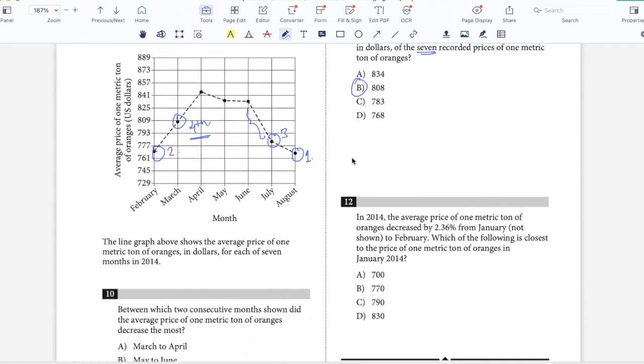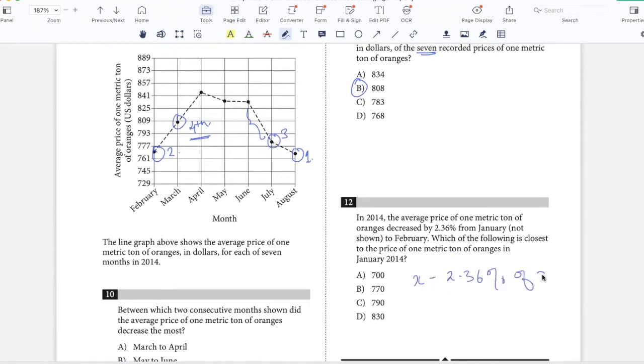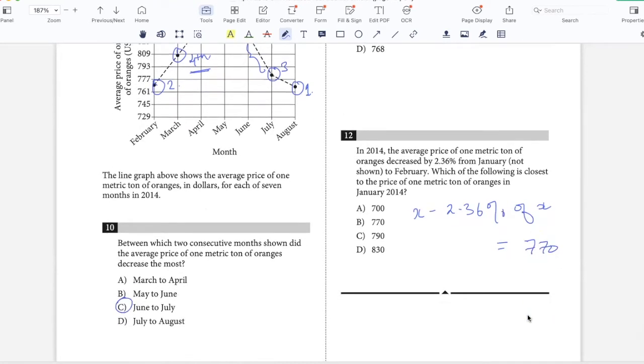Okay, so let the price in January be X, then X minus 2.36% of X is the price in February, which is about 770, right? So that becomes X times 1 minus 0.0236 is 770. So X times, what is 1 minus 0.0236? Let's plug that in.